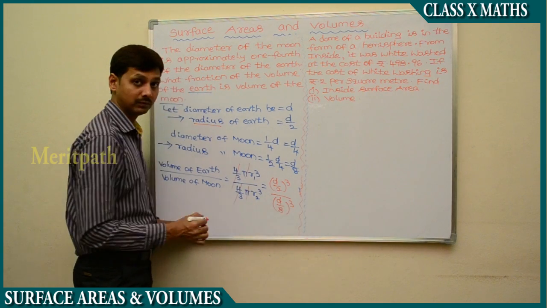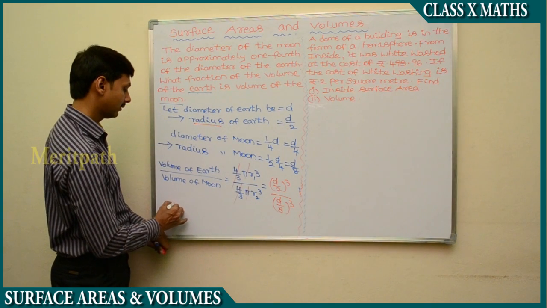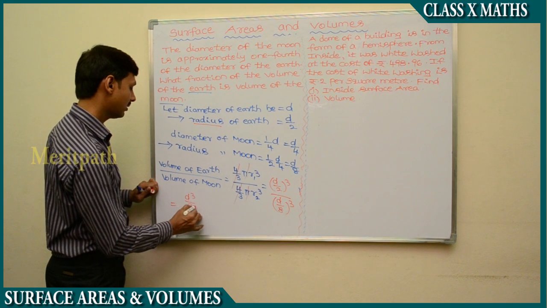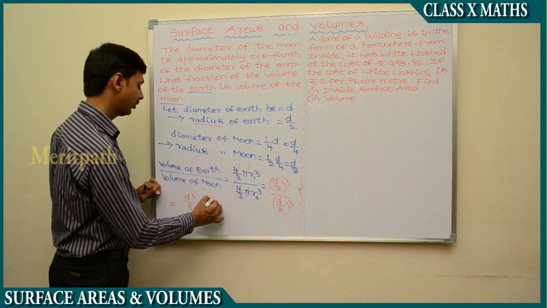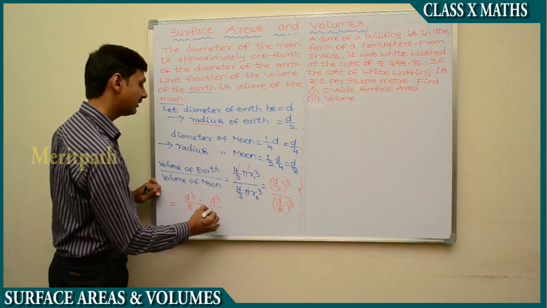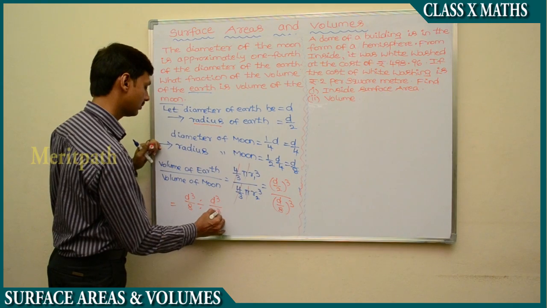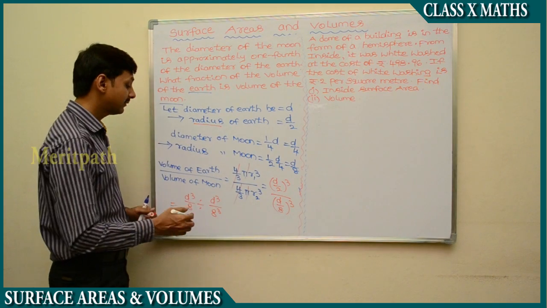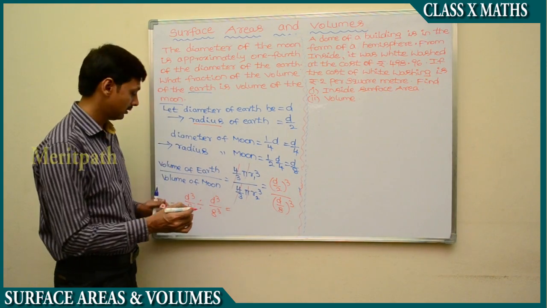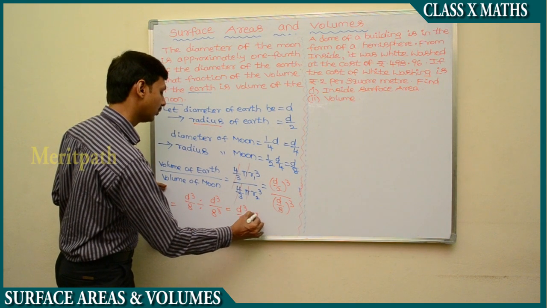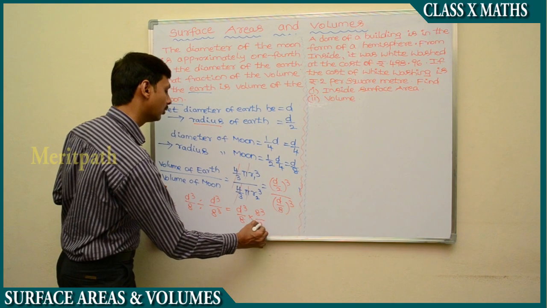Let's simplify both. d by 2 whole cube is d cube by 2 cube, which is 8, divided by d cube by 8 cube. We do the transposition like a reciprocal, so we get d cube by 8 into 8 cube by d cube.